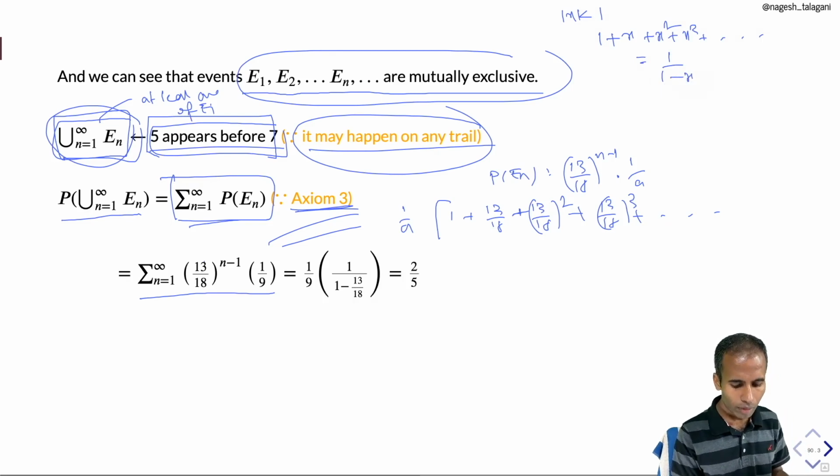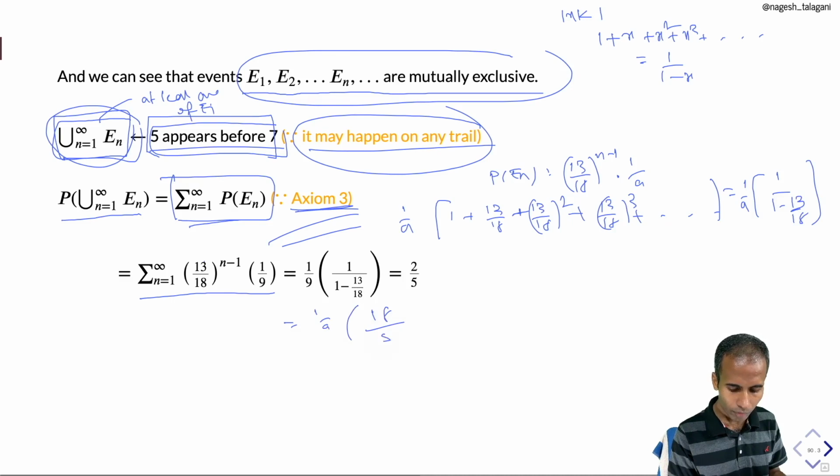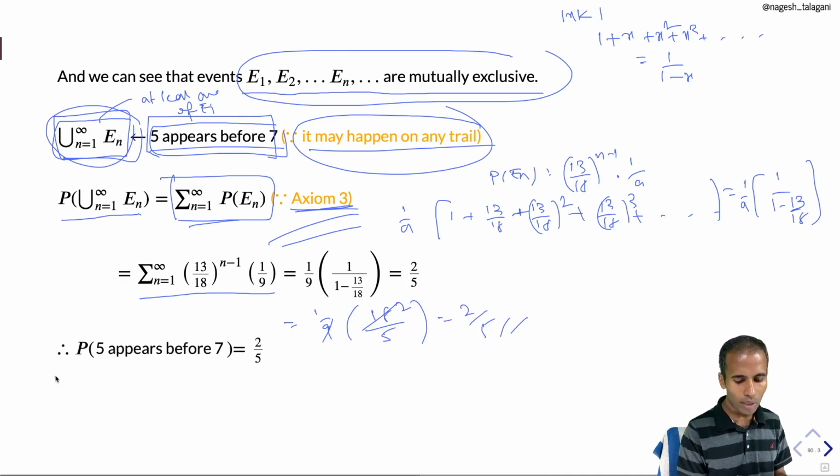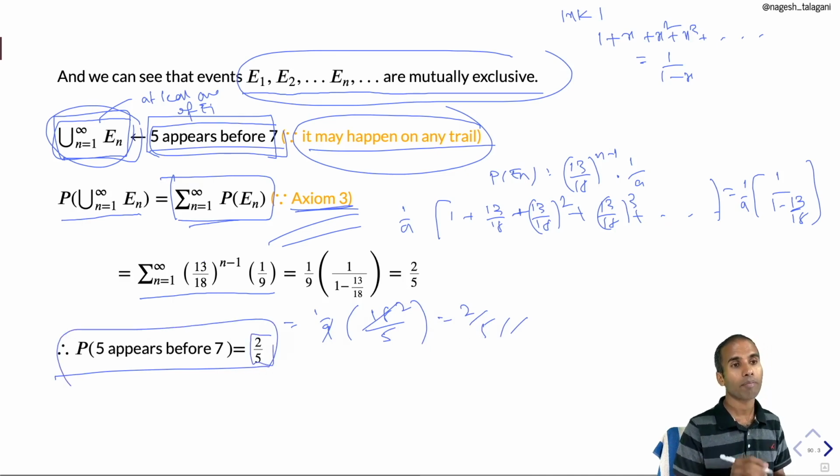After taking 1 by 9 common, this equals 1 by 9 times 1 by 1 minus 13 by 18. Now this is equal to 1 by 9 times 18 by 5. The 9 and the 2 cancel, so you end up with 2 by 5. Therefore the probability that 5 appears before 7 is equal to 2 by 5.